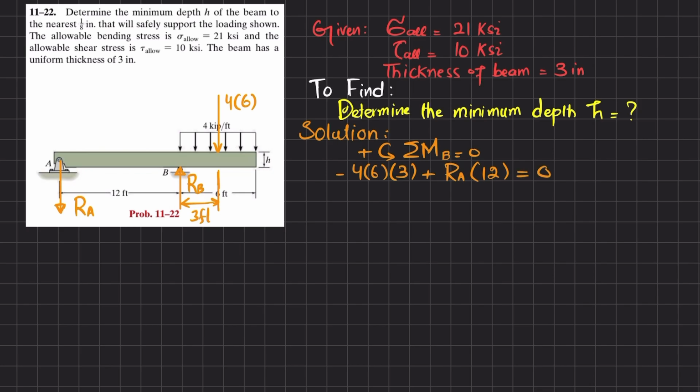Their sum must be equal to 0. So 12 RA is equal to 4 into 6 multiplied by 3. When you calculate it, you will get RA equal to 6 kip.